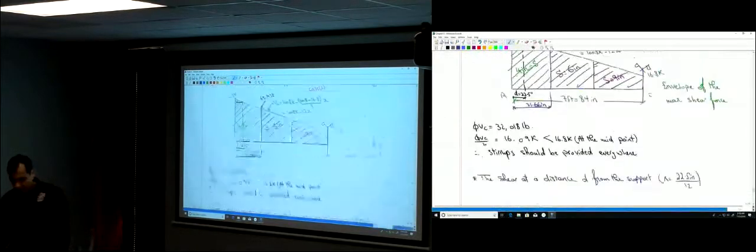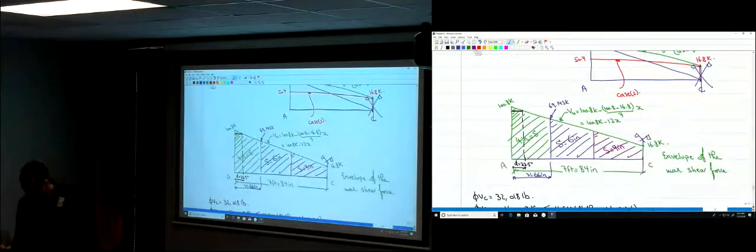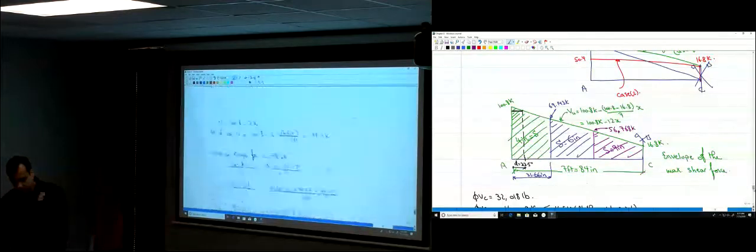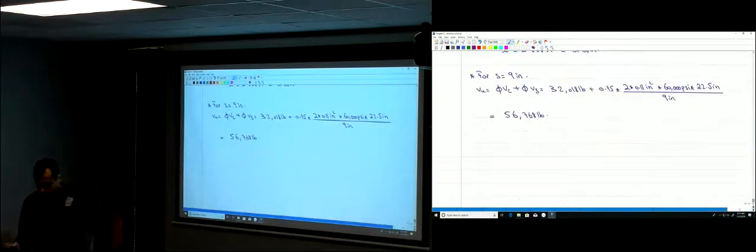It's 56. So this point over here, where you can provide spacing of 9 inches, you would have a shear of 56.768 K. Where's that point where the shear is equal to 56.768? You still use the same equation. So V of x, the shear at any distance x, is 100.8 K minus 12x.